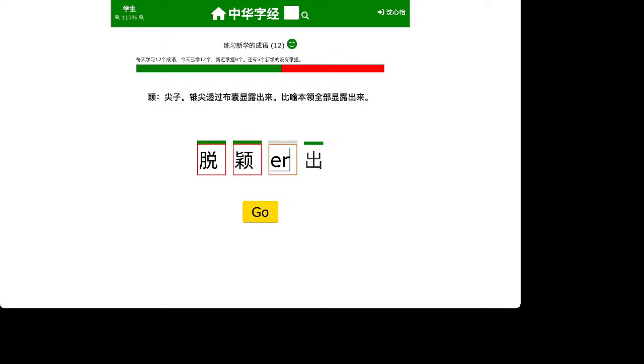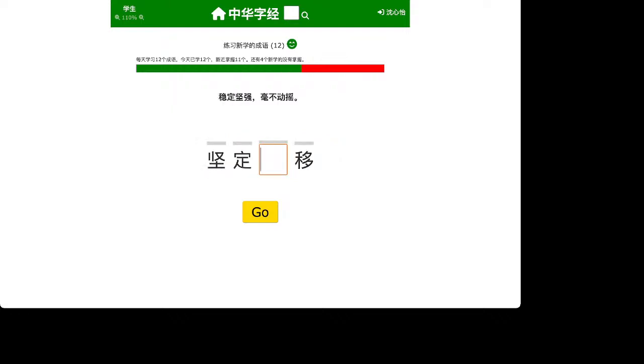If you use handwriting input, then it's not gonna start just giving you the answer as a suggestion, because you just typed it. 填1个空格，坚定不移.